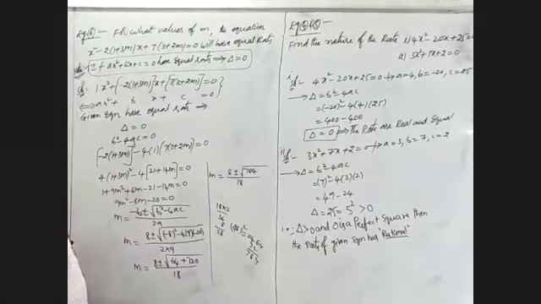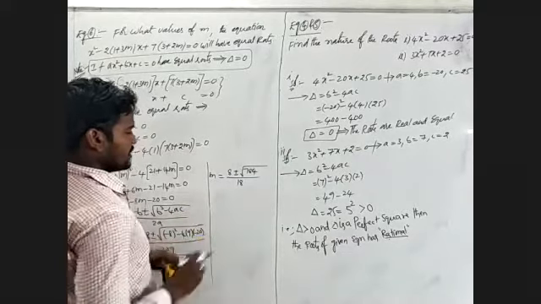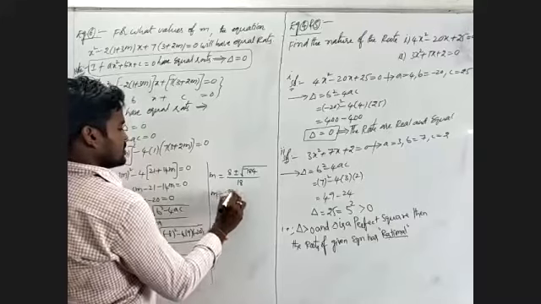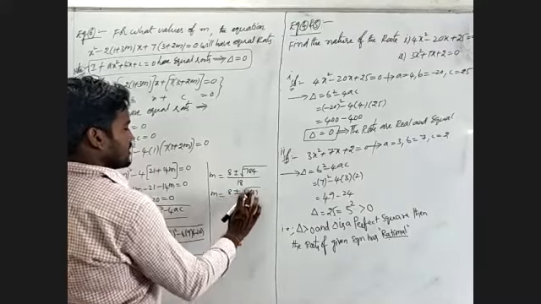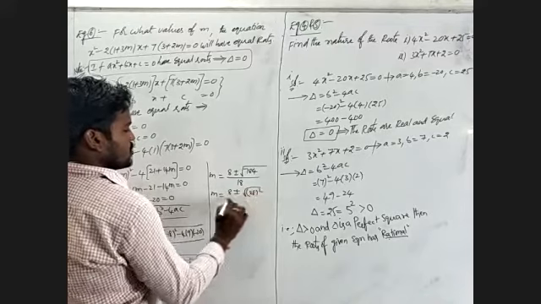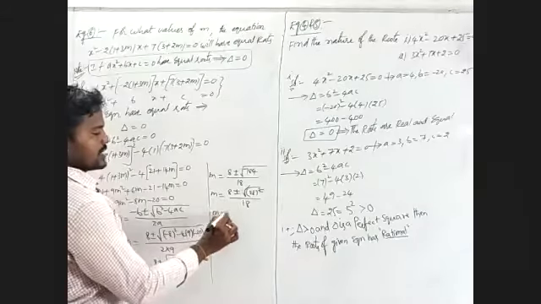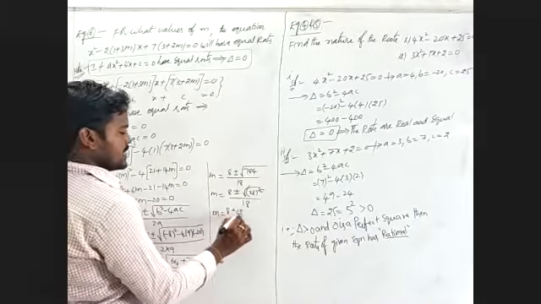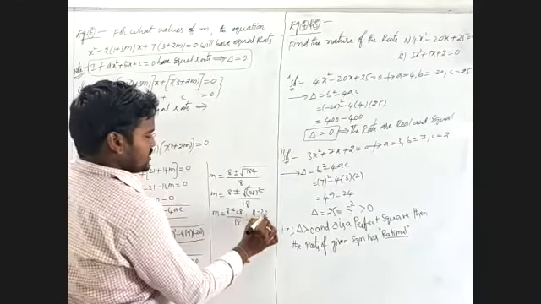That is the value 28 whole square, which is nothing but 784. That is the value m is equal to 8 plus or minus root of 28 whole square by 18. Square and root will be cancelled. Remaining, we have to write 8 plus 28 by 18, comma, 8 minus 28 by 18.